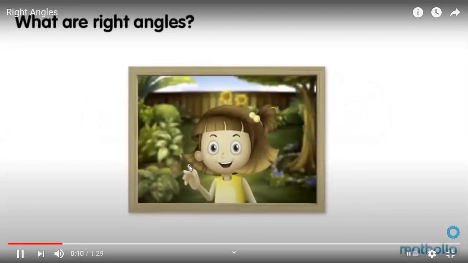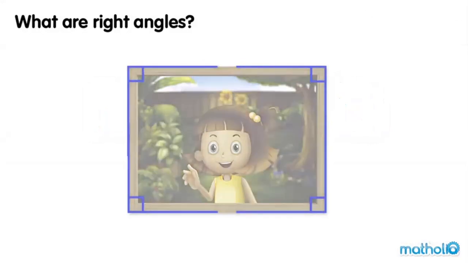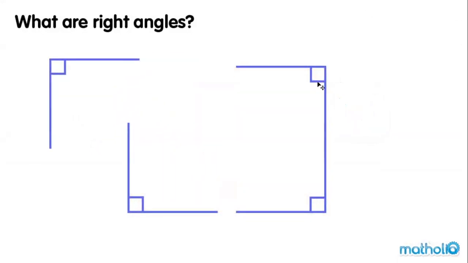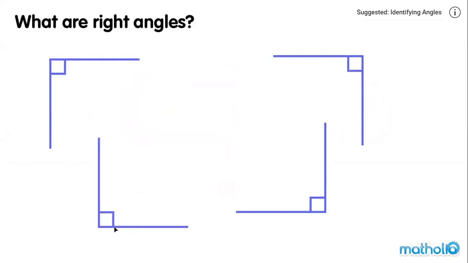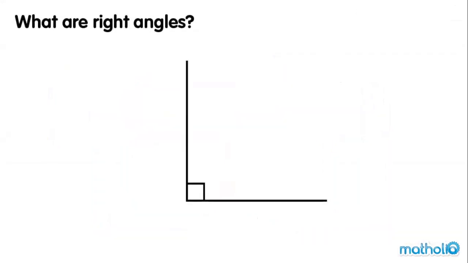What are right angles? Right angles are angles that are formed at the corners of squares and rectangles. This picture frame has a rectangular shape. Right angles are formed at each corner. To show an angle is a right angle, we draw a square symbol.